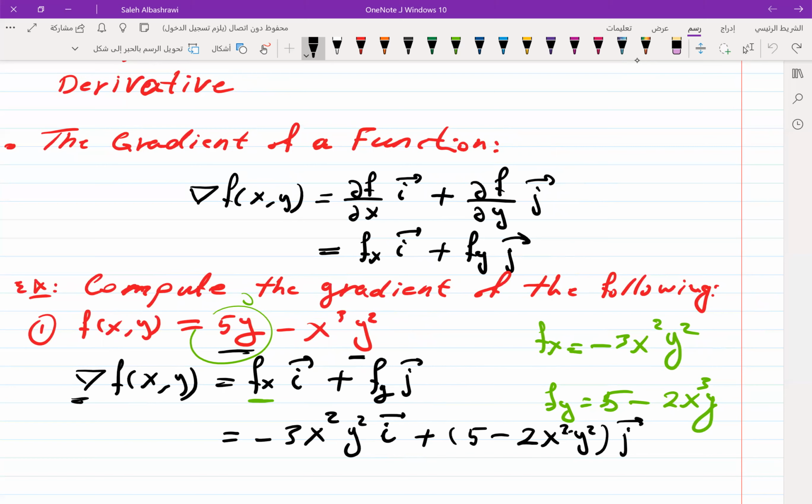So this is the gradient of the given function 5y minus x to the power 3 y to the power 2. The gradient is minus 3x squared y squared i plus 5 minus 2x cubed y j.